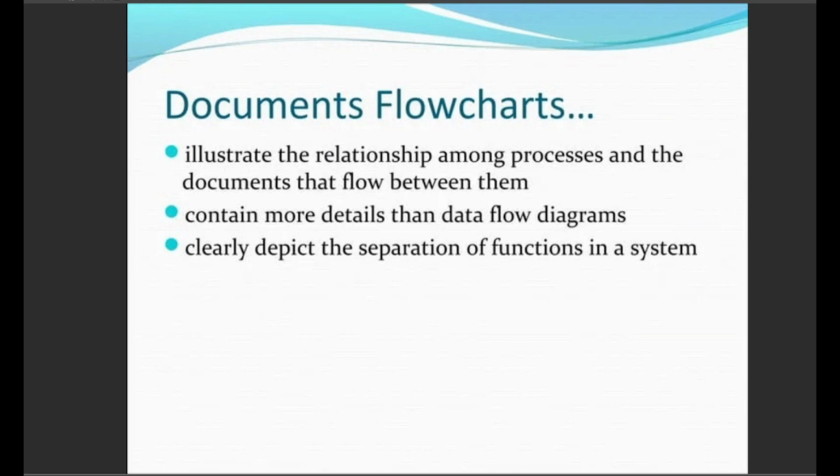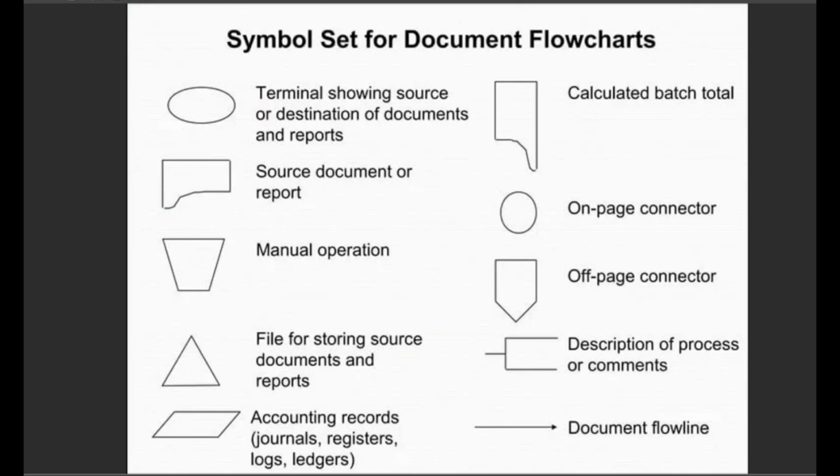Okay, so in a document flowchart, unlike the data flow diagram that only has four symbols, which is the entity, the process, the data flow, and the data store, since it is more detailed than data flow diagrams, it involves other symbols for documents, just like this one here.